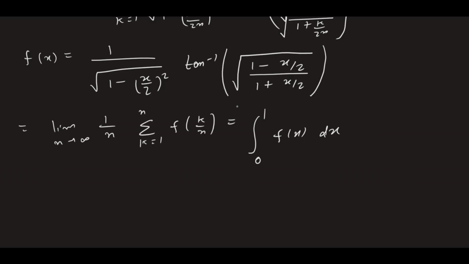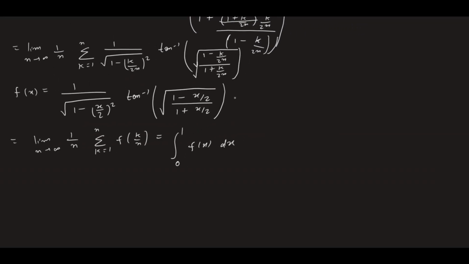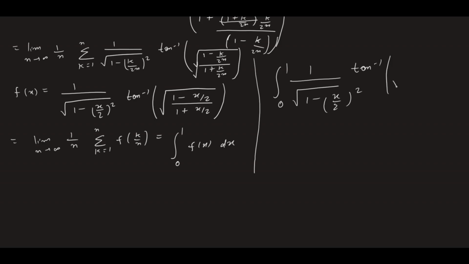So now our job is to evaluate this integral. Let me write it here. Our job is to evaluate the integral from 0 to 1 of f(x), which is 1 upon root of (1 minus x by 2) whole square tan inverse of root of (1 minus x by 2) upon (1 plus x by 2).